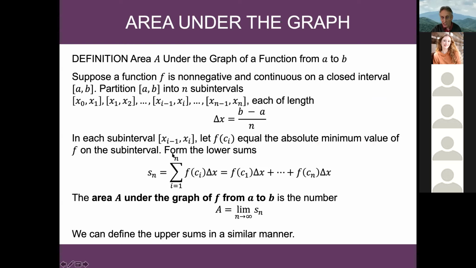And this is where the sum of these products, so this is the area of the rectangle, and you're adding them all up. That is where the sums come from. And this is where the integral sign that we use came from. This is a Greek letter sigma, meaning sum, and we're actually adding up a bunch of rectangles. That is what it's about, okay?